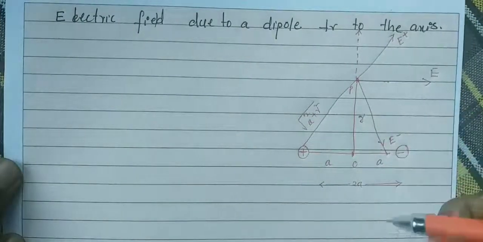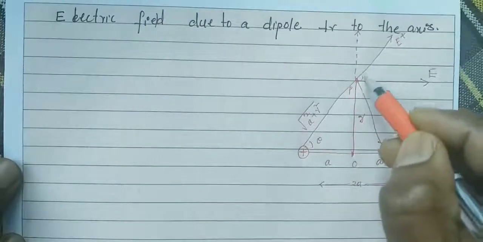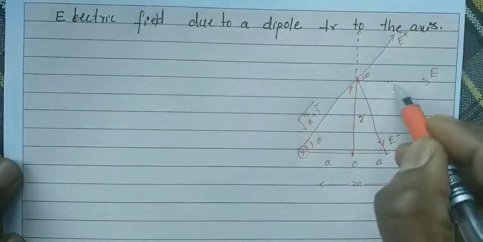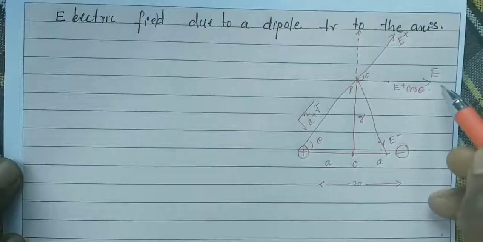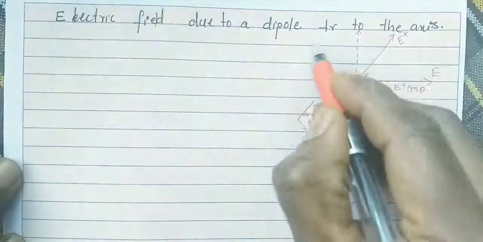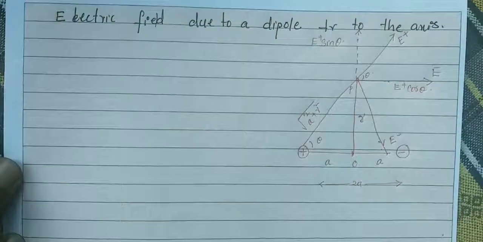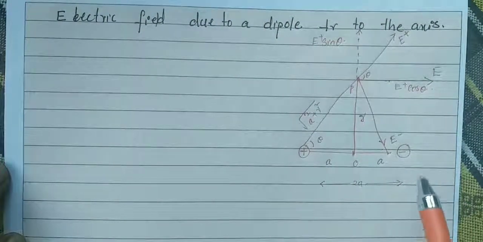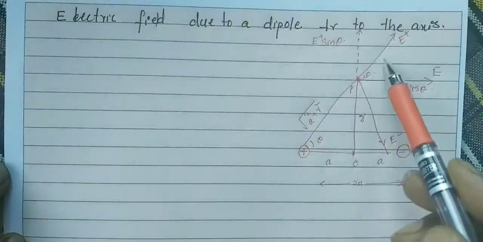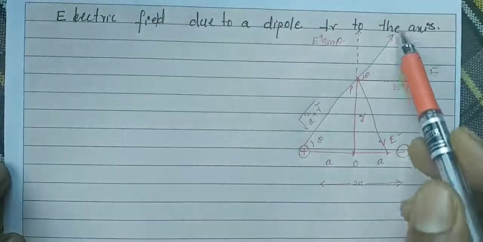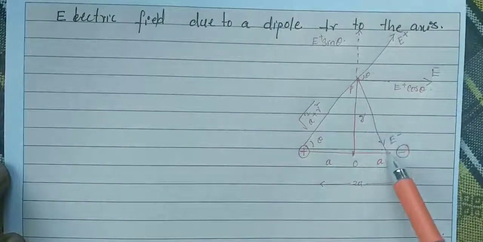Similarly, E minus also has cosine component and sine component. Now E plus cos theta will be the cosine component of E plus. Similarly, E plus sine theta will be the sine component of E plus. Similarly, for E minus also we have E minus cos theta and E minus sine theta components.